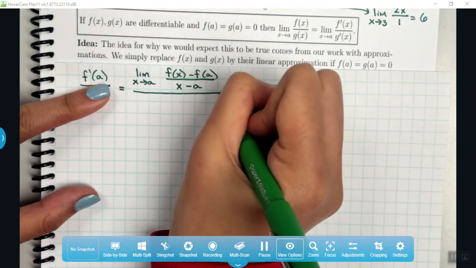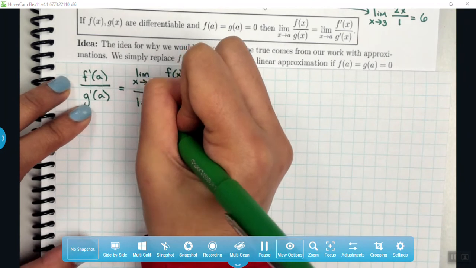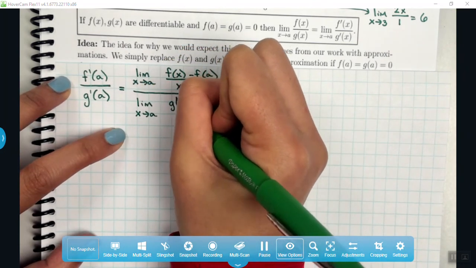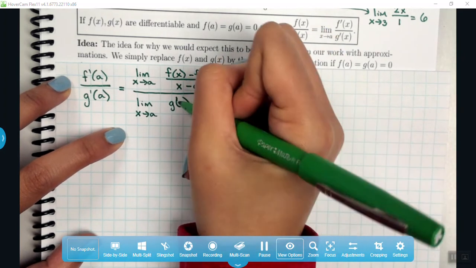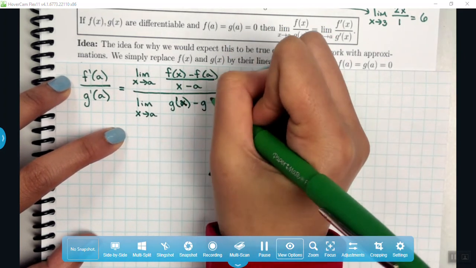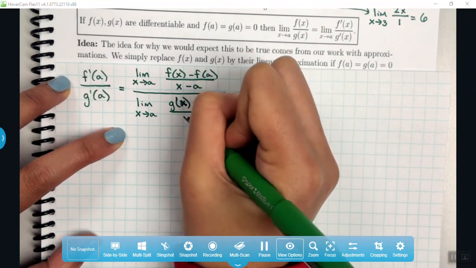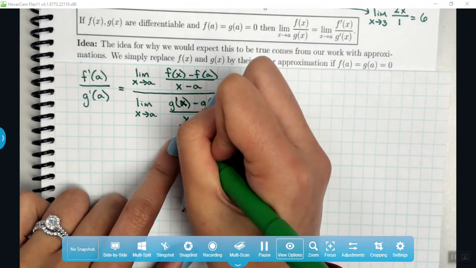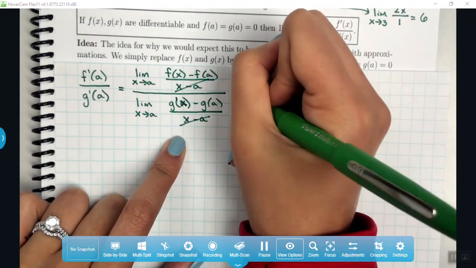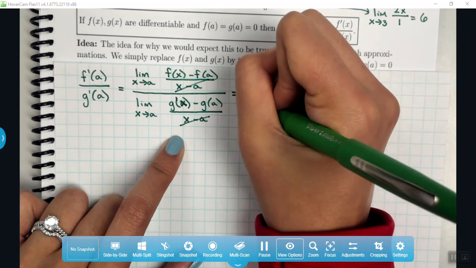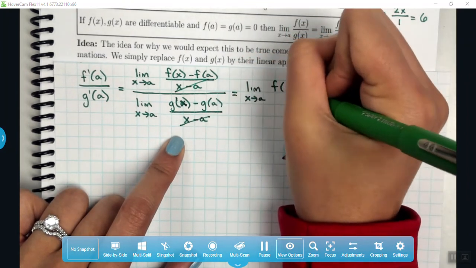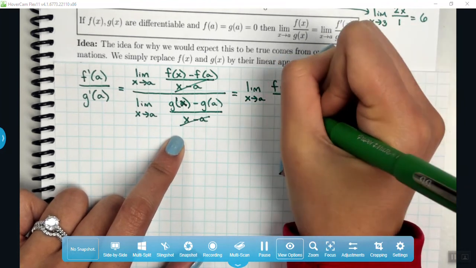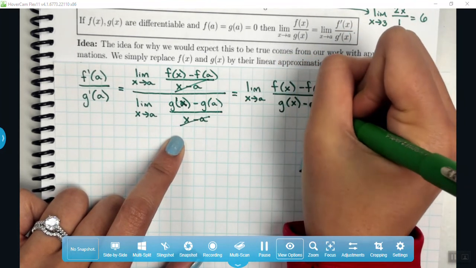And then g prime of a is the limit as x goes to a of g of x minus g of a over x minus a, right? The x minus a's are the same, so they can cancel out. So what I have is the limit as x goes to a of f of x minus f of a over g of x minus g of a.